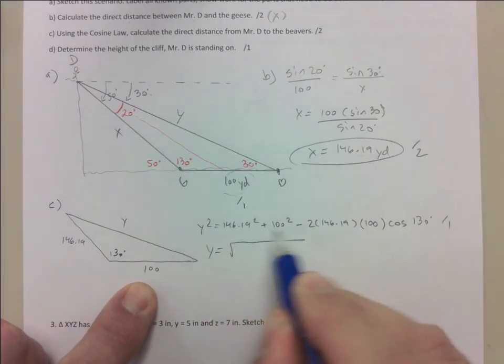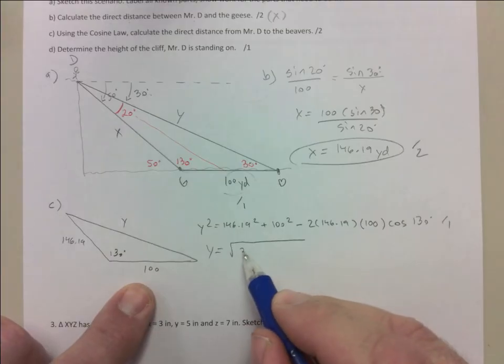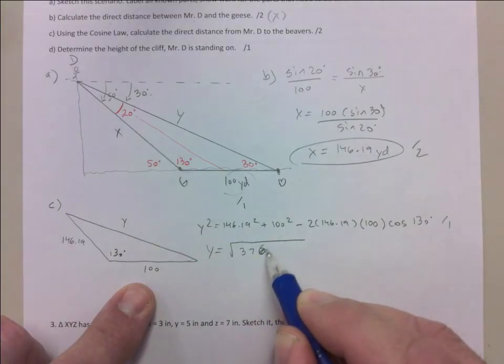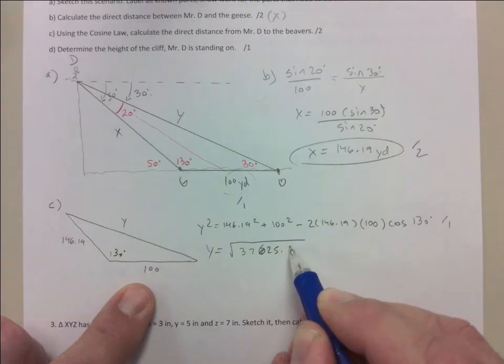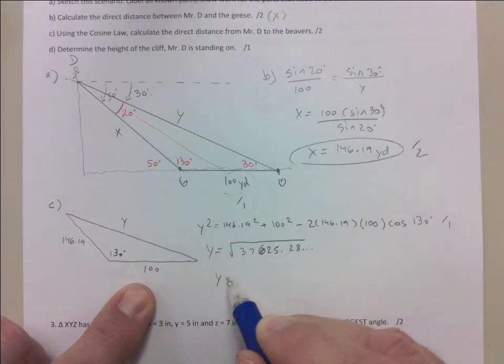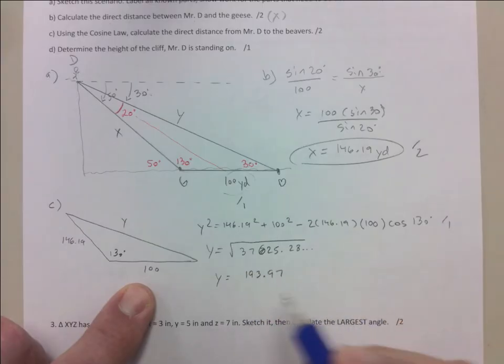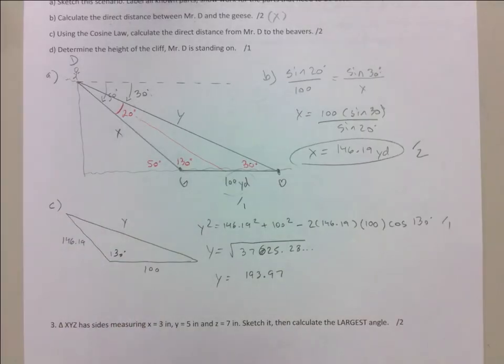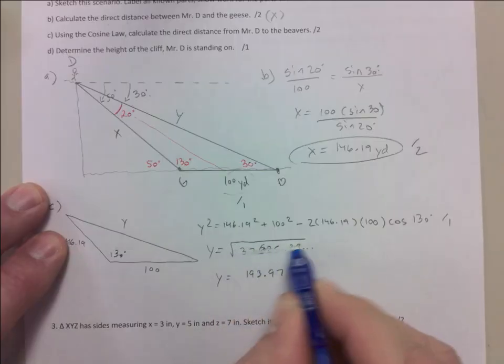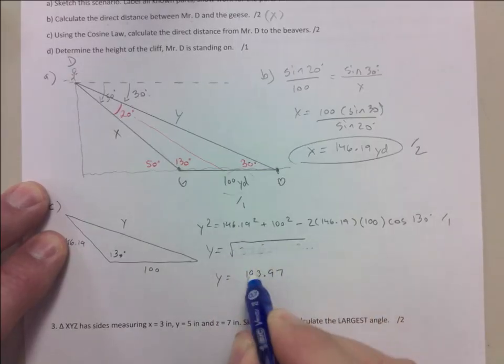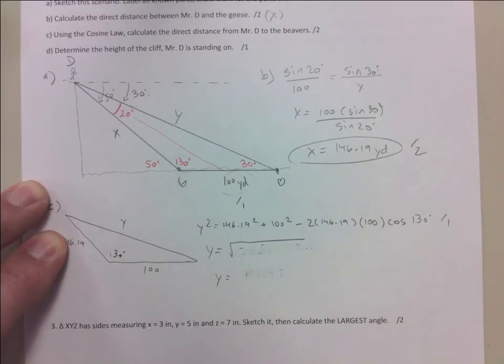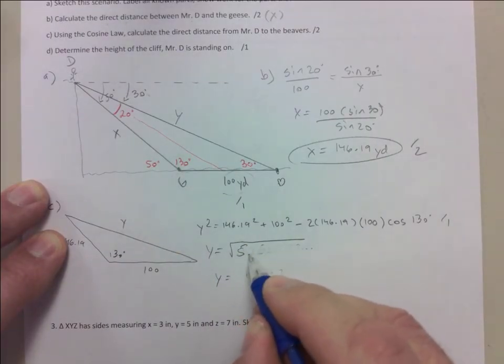Then we type all of that in, we get 37,625.28 something, and that gives us 193.97. No, sorry, I'm on the wrong line. I was looking at a different question. Sorry, guys. Mr. Dirksen, you're messing everything up. Get your act together. 50,000.